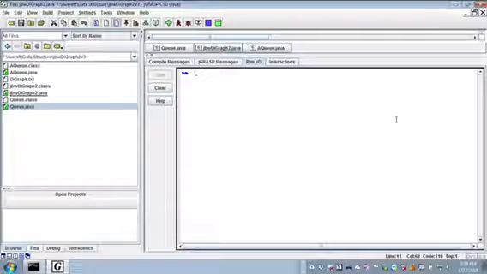ZyBooks makes it possible to understand more complex applications or concepts in a way that is easy to understand. They have different videos, like simulations you can watch. It's really cool. Different graphics that move. It's just excellent.